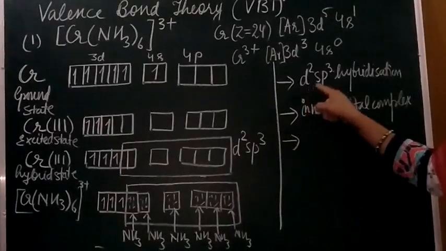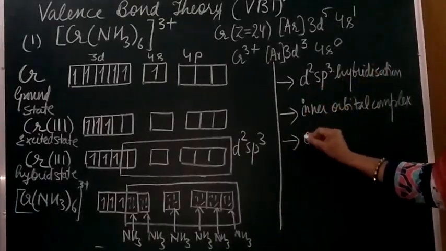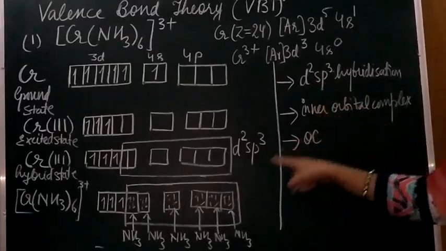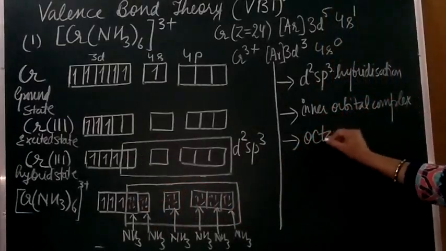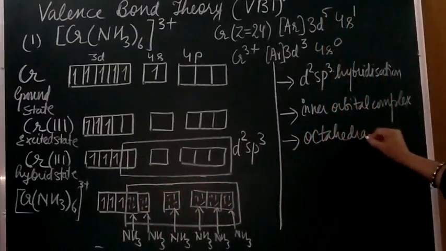Now, since it is d2sp3 hybridization, you can see how many vacant orbitals were available. It was 6, so it is going to form the octahedral geometry.